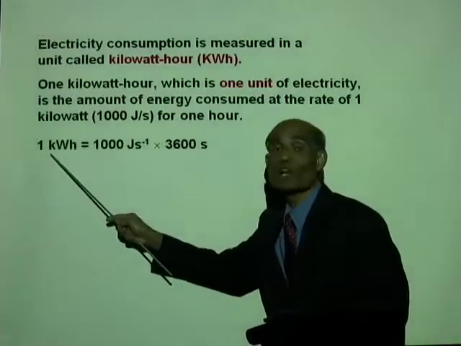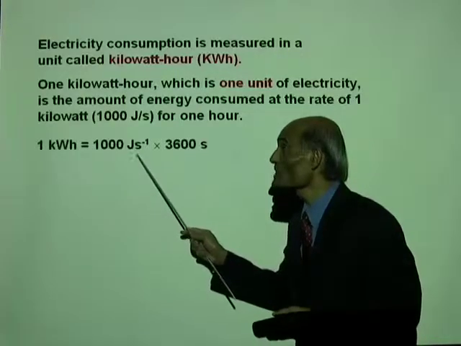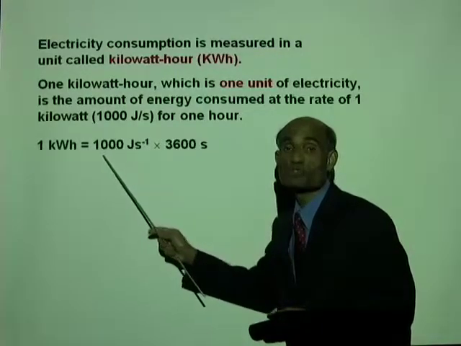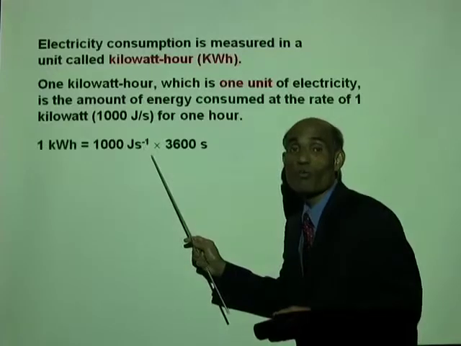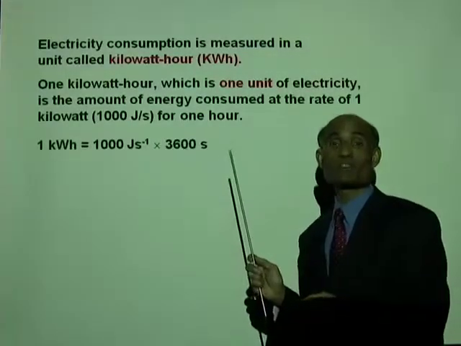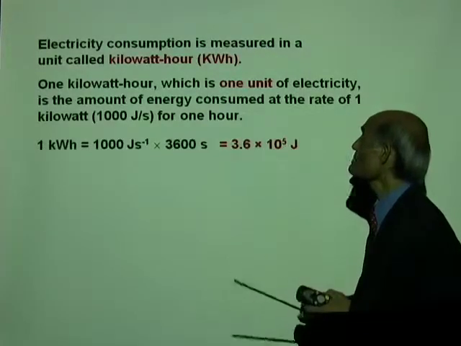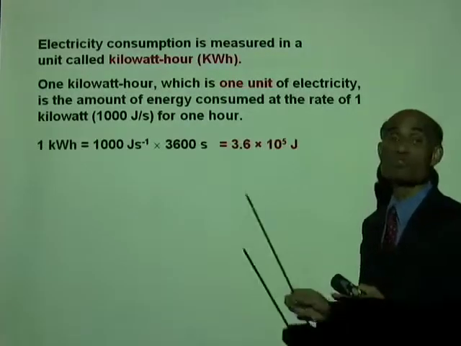So 1 kilowatt hour is energy used at the rate of 1000 joules per second for 1 hour. 1 hour is 3600 seconds, and that is 3.6 times 10 to the power 5 joules.